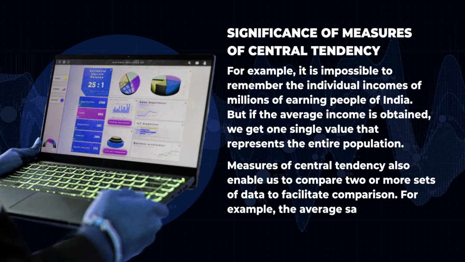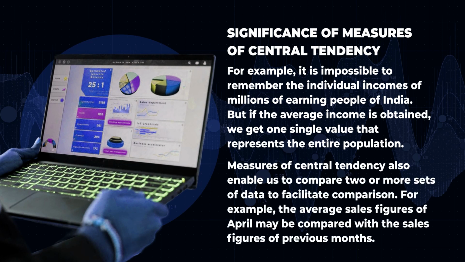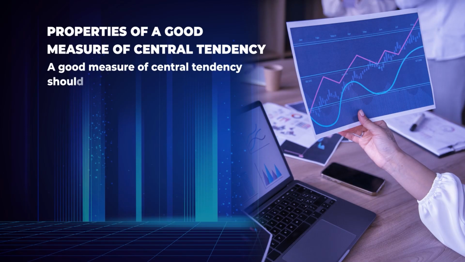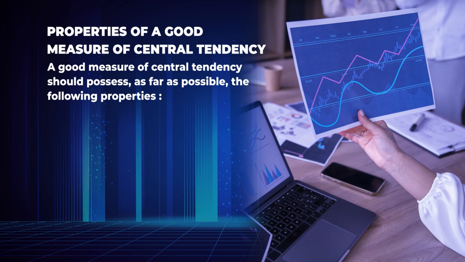Measures of central tendency also enable us to compare two or more sets of data to facilitate comparison. For example, the average sales figures of April may be compared with the sales figure of previous months. A good measure of central tendency should possess as far as possible the following properties.